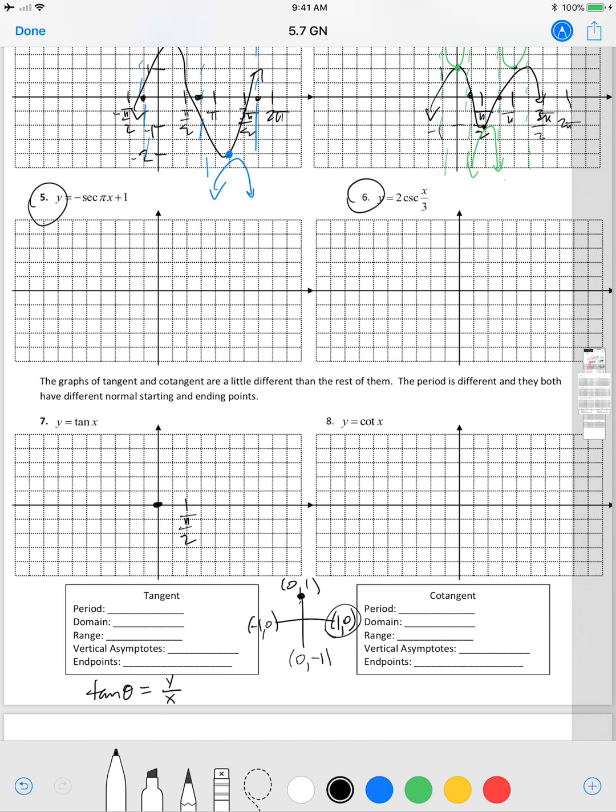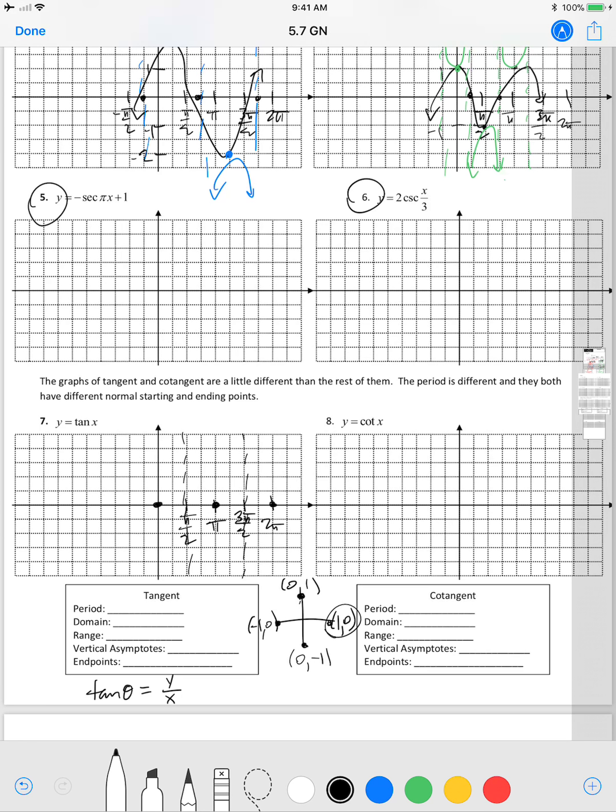That's undefined. I'm back to 0 at pi. 3 pi over 2 is undefined again. And then 2 pi, I'm at 0 again.